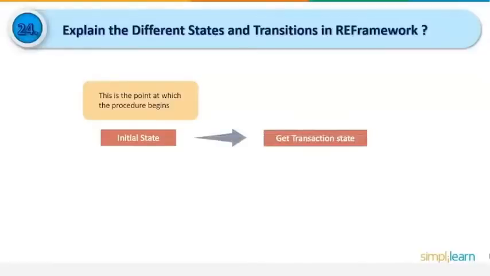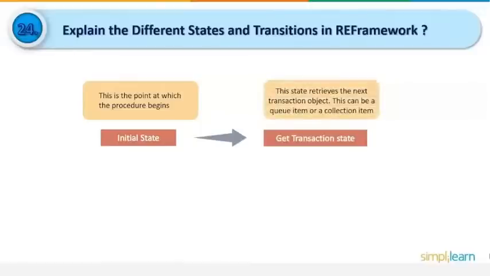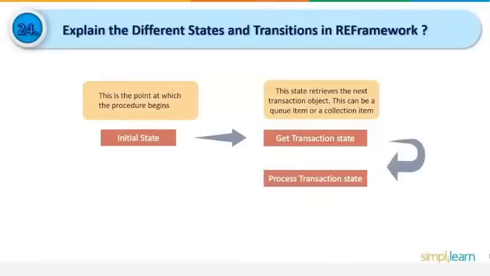Next, we have get transaction state. This state retrieves the next transaction object. This can be a queue item or a collection item. Transaction items are queue items by default, but this can be modified to meet your needs. This is also when the developer can set the condition to exit the state when there are no items to process. Process transaction state.